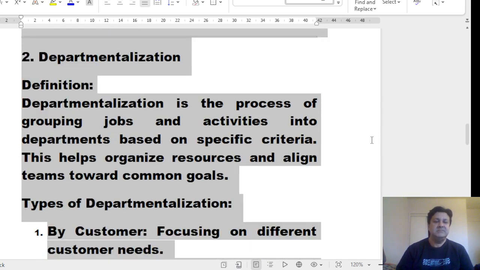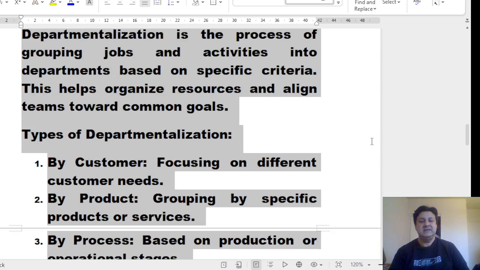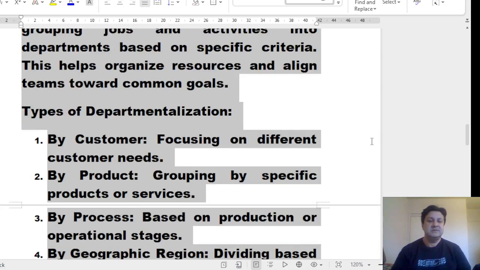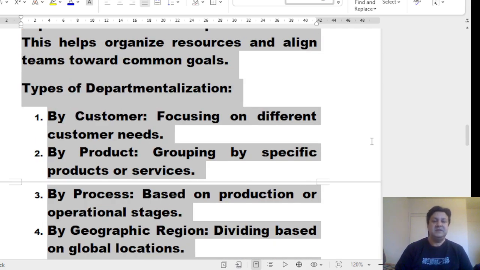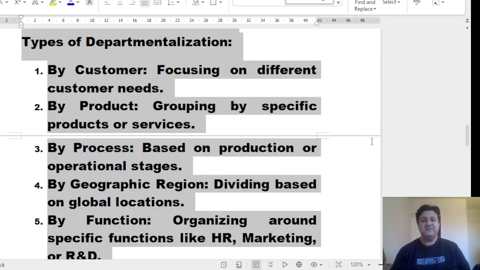Departmentalization is the process of grouping jobs and activities into departments based on specific criteria. This helps organize resources and align teams toward common goals. Now, the types of departmentalization: by customer, by product, by process, by geographic region, and by function.